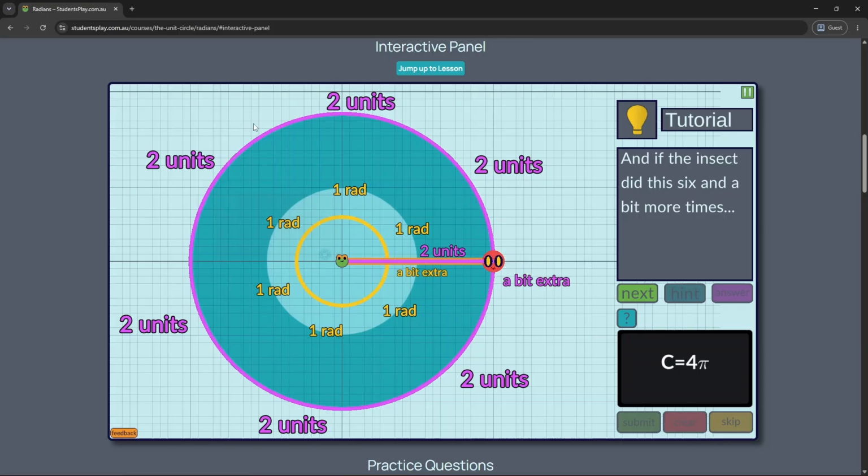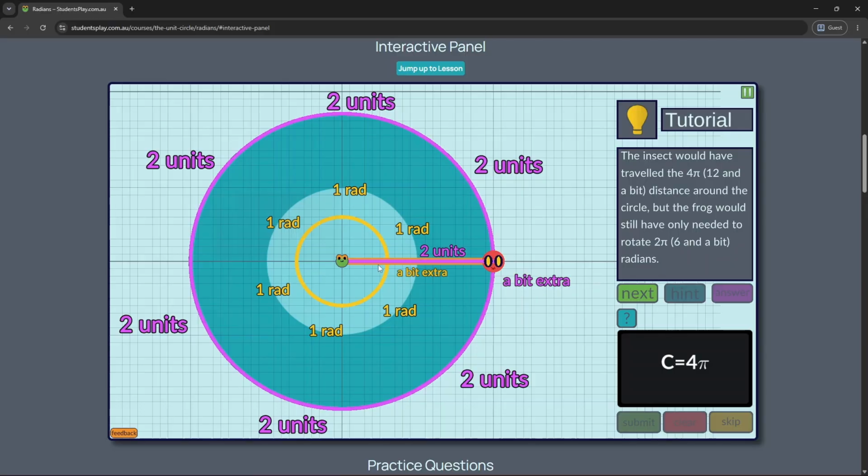And the frog, if it was going to rotate, would have to rotate 1 radian, 2, 3, 4, 5, 6, and a bit extra. The insect would have traveled the 4 pi, which is 12 and a bit, distance around the circle, but the frog would still have only needed to rotate 2 pi, which is 6 and a bit radians.